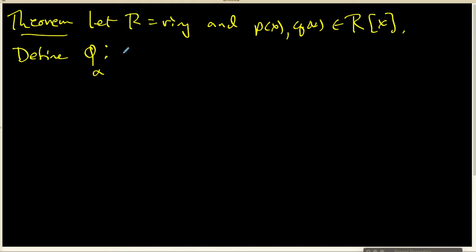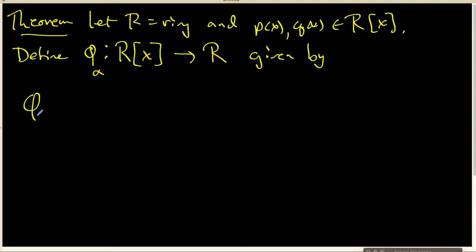Phi sub alpha is going to map the ring of polynomials into the ring of coefficients, and it's going to be given by phi sub alpha applied to any polynomial is just going to be p evaluated at alpha.